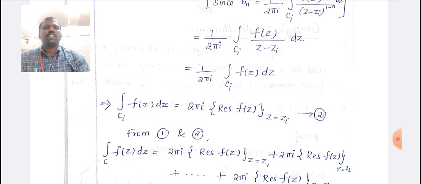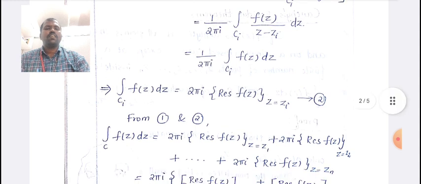So integral over ci f of z dz equals 2 pi i times the residue of f of z at z equal to zi.